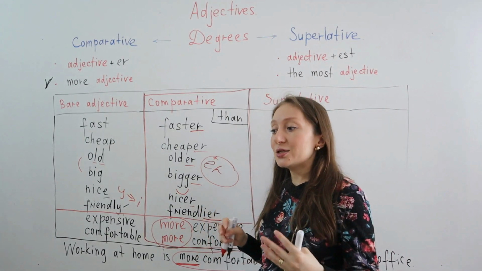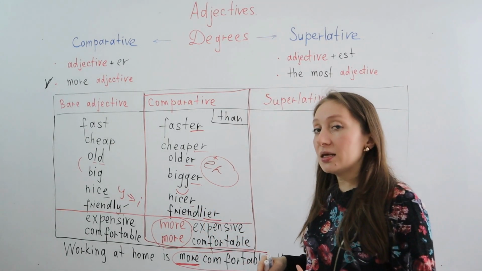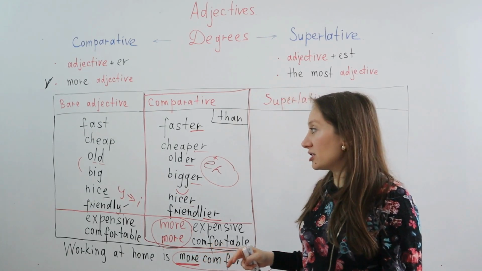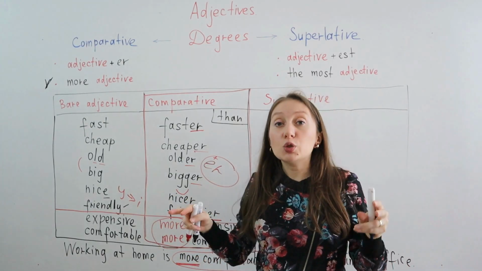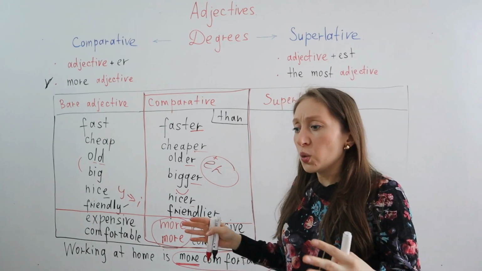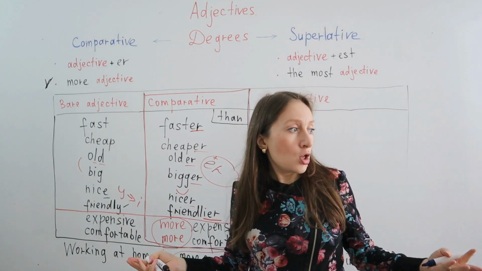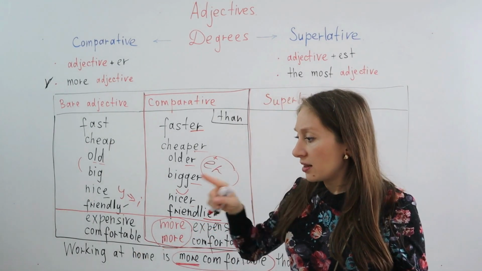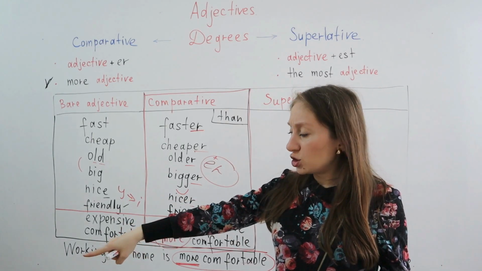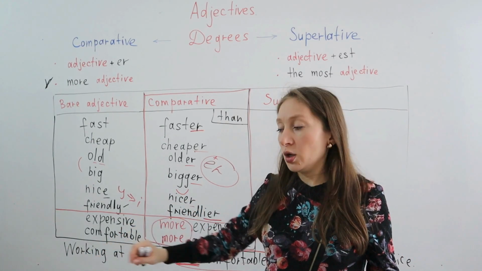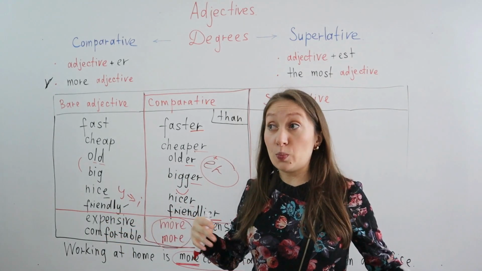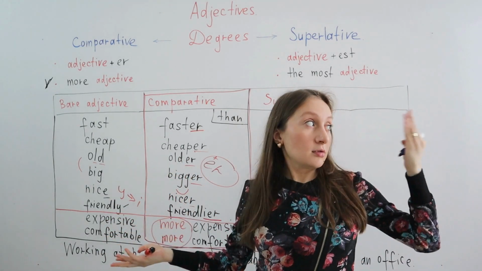Your task is to make as many examples as possible. Try to connect with your real life. What is more comfortable? What is more expensive? This bag is more expensive, right? Or I don't know, Ferrari is more expensive than Toyota.